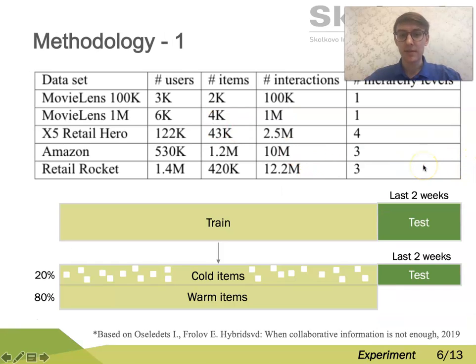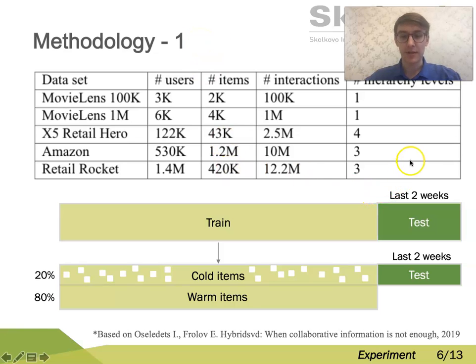We tried 5 datasets from MovieLens to Retail Rocket. These datasets vary by interaction size from 100,000 to 12 million interactions, and also there is a different number of hierarchy levels from 1 to 4, and we are going to show that the number of hierarchy levels also affects model performance.